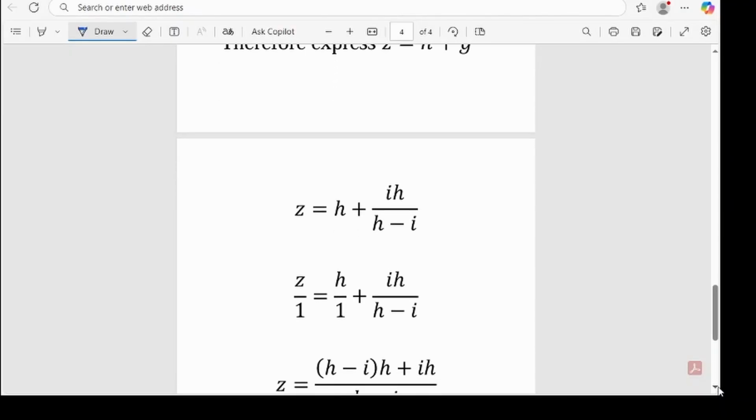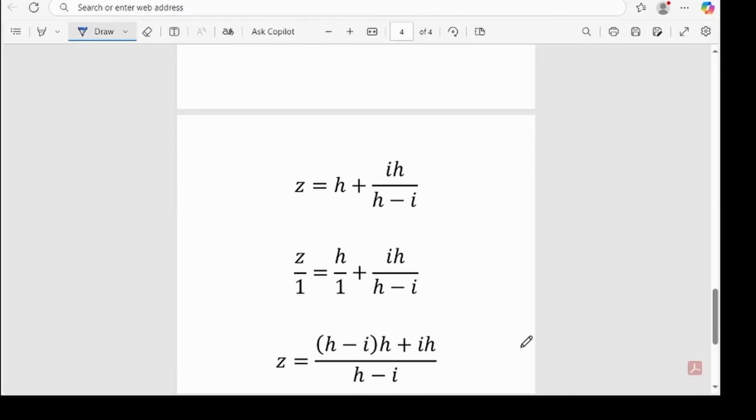So in solving it, this H has an invisible one. That's an invisible one. This Z also has an invisible one, because Z divided by 1 is Z. Any number divided by 1 is that number.